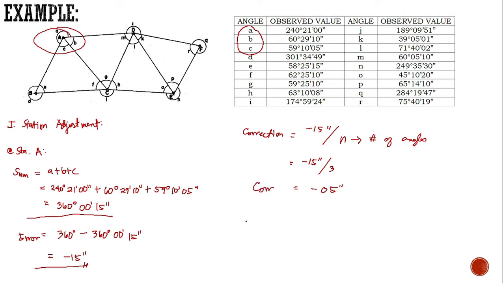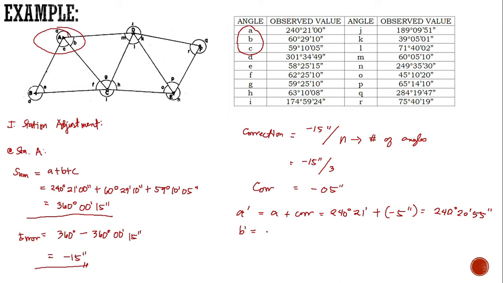To get the value of each angle, let's put a prime for each adjusted value. So in this case, A prime for A. That would be A plus the correction. So our angle A is 240 degrees and 21 minutes plus the correction of negative 5 seconds. So our adjusted value of A is 240 degrees, 20 minutes, and 55 seconds.